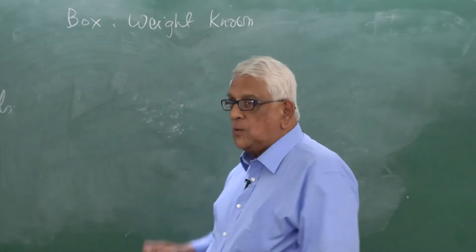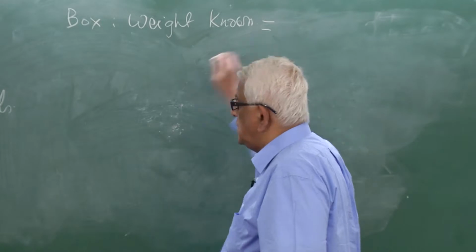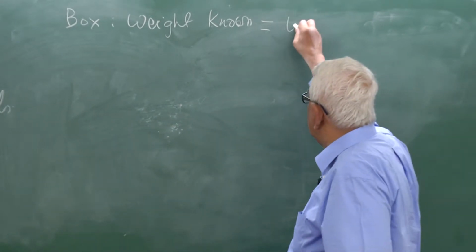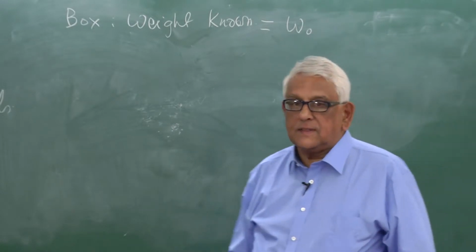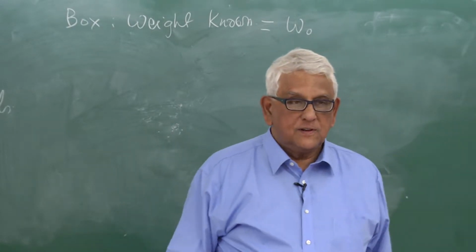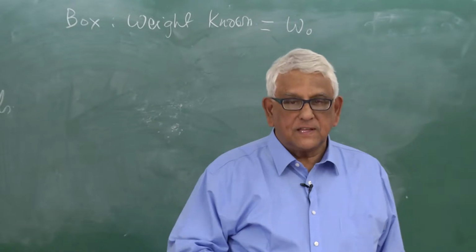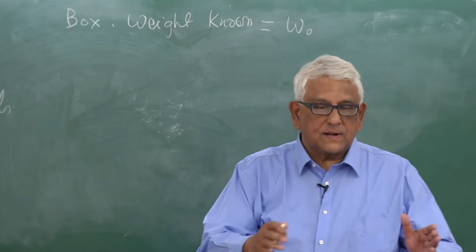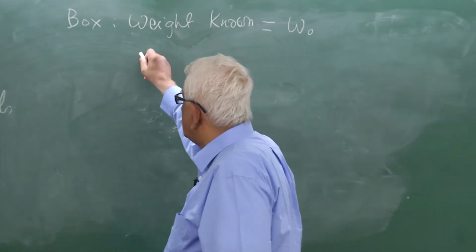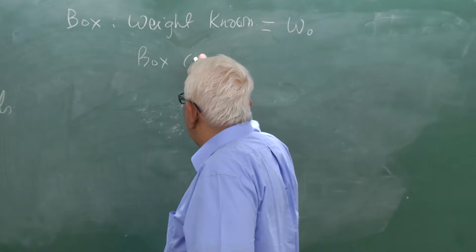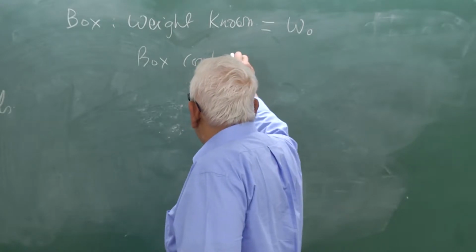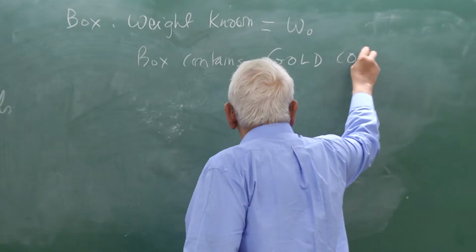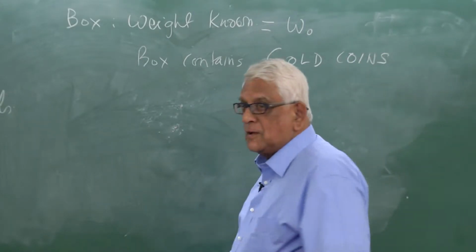Now, once the weight of the box is known, we use a symbol. And we use the symbol W0. That is the weight of the empty box. So the 0 indicates there's nothing in the box. Now the box is locked when it comes to this particular person, and the box contains gold coins.